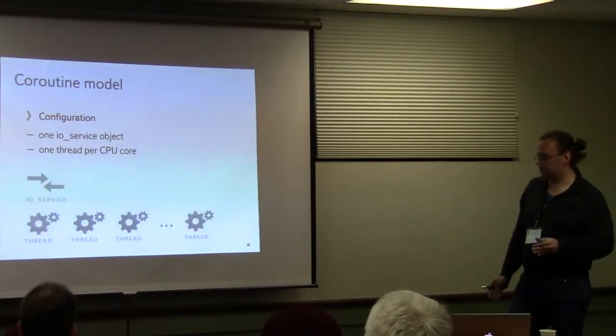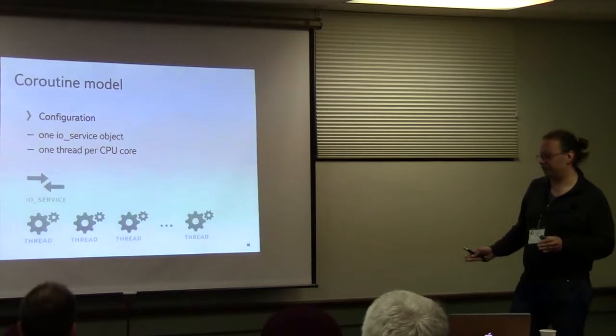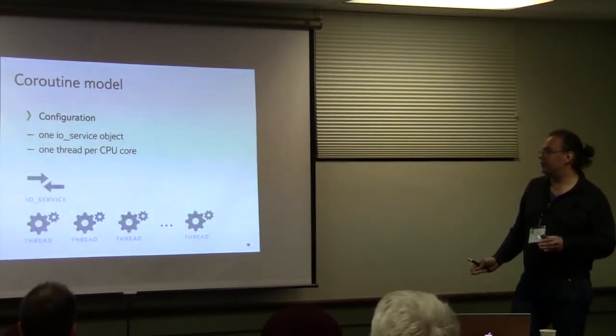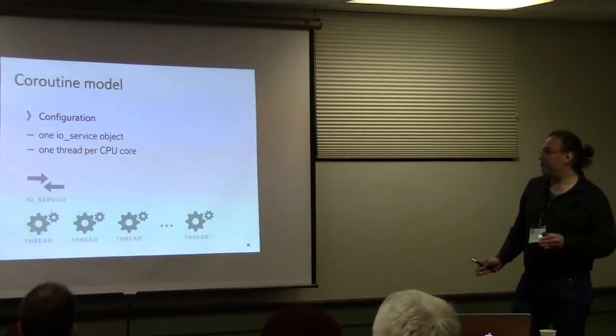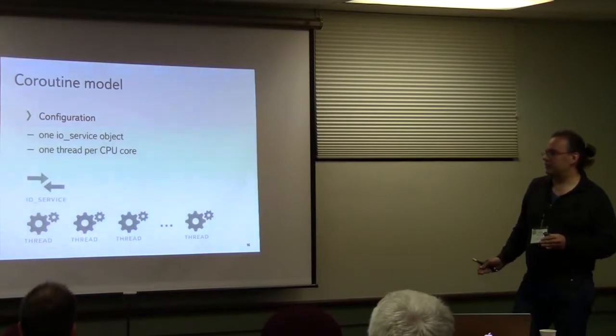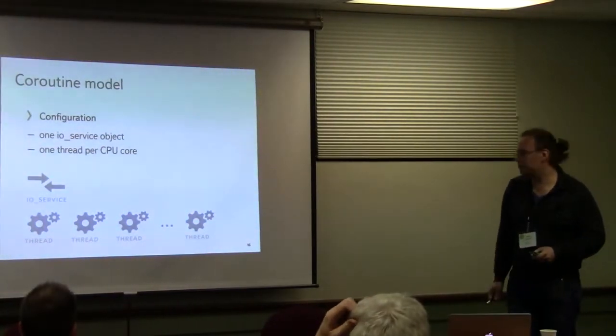The first one is with using the Asio stream buffer. The second one is using our zero copy buffer with read iterator, and the third one is the Asio stream buffer with read iterator.